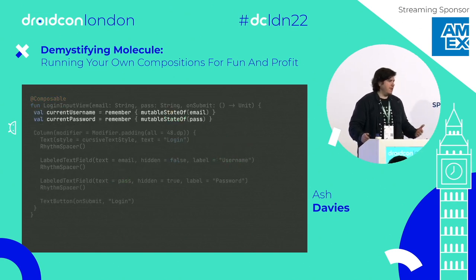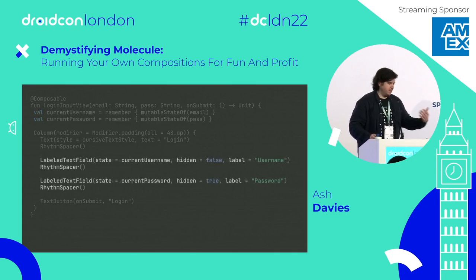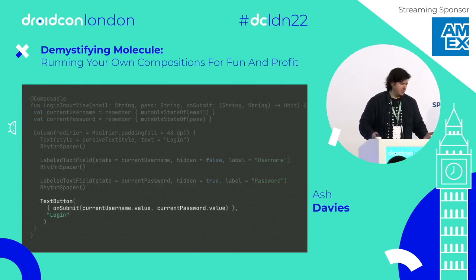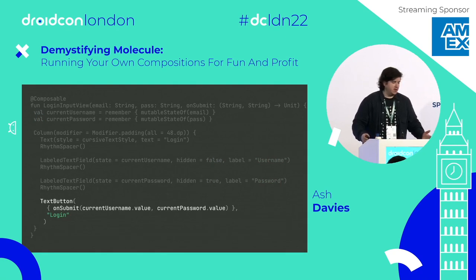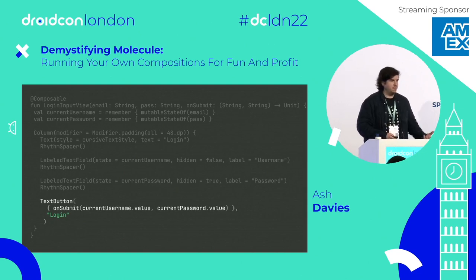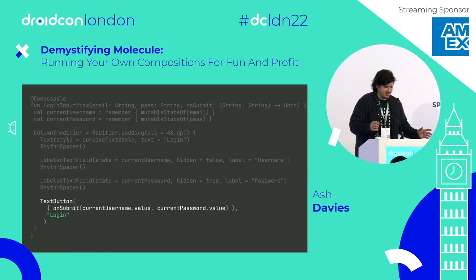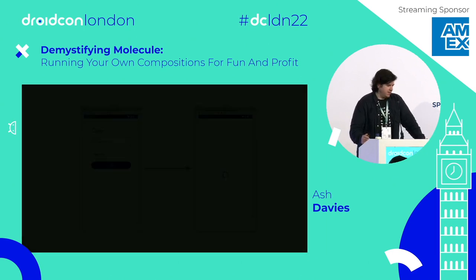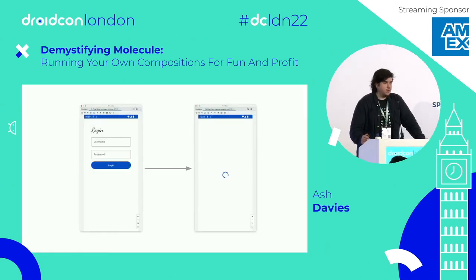You can use remember functions with mutable state to keep this in your snapshot state, and then if you refactor onSubmit to take a few different things in the method signature here, you can pass that into the view. There are lots of different ways of doing this, and I won't bore you with all the different ways of using remember or property delegates, because these are more pertinent to Compose UI. Let's get into the nice parts of actually using Compose, not for UI.